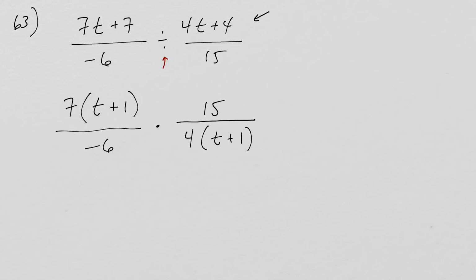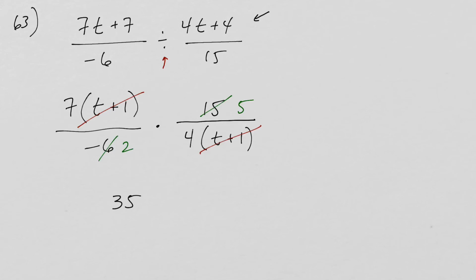Okay, now let's start canceling. T plus 1 cancels. I'm going to divide by 3. 3 goes into 6 2 times and into 15 5 times. So now I'm going to put my answer back together by multiplying across the top, and I get 5 times 7 is 35.